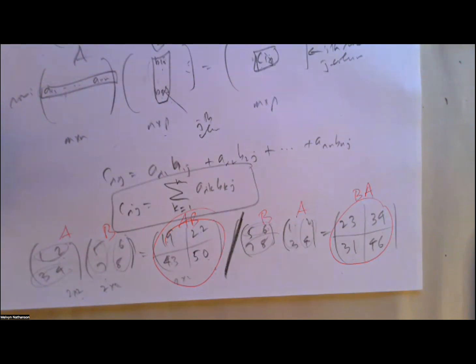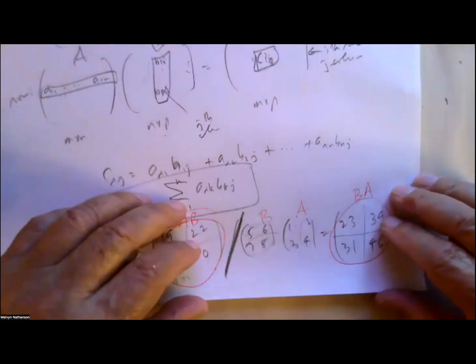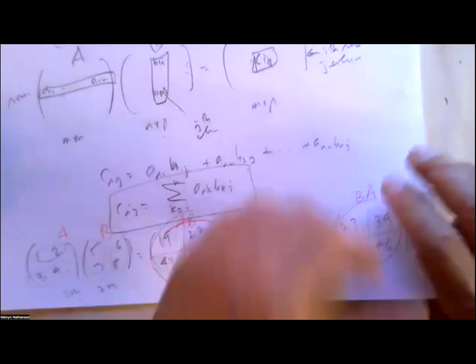So that's one of the most important facts about matrix multiplication. It's not commutative. So let me just write down this.